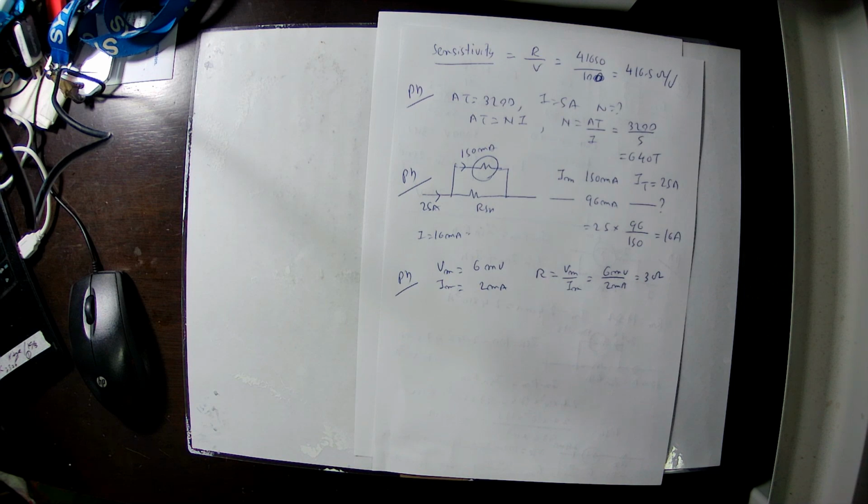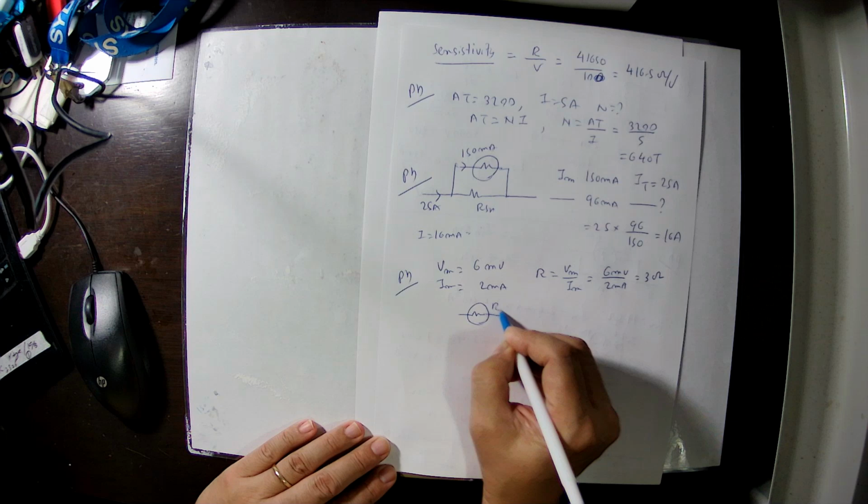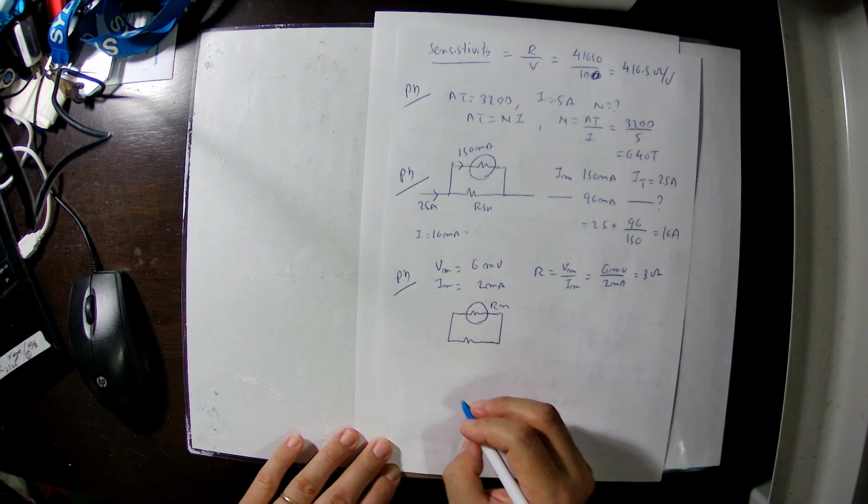The total current in the circuit when connected to a 0.125 ohm shunt. In this case, we have to find out the total current. So here is the meter here. We connect the shunt resistance 0.125.